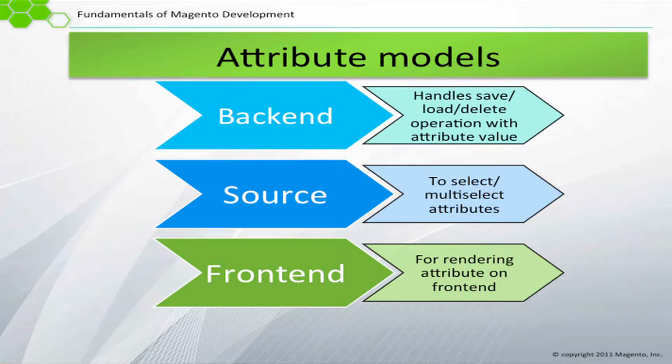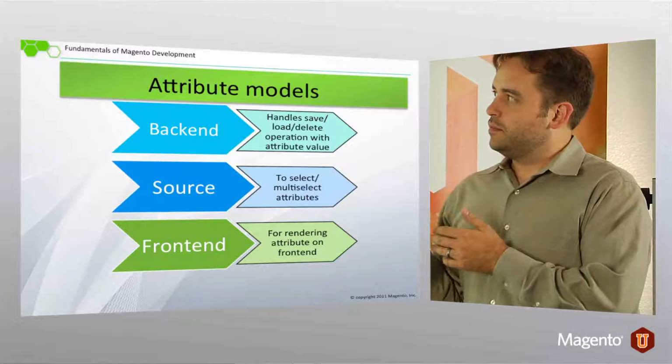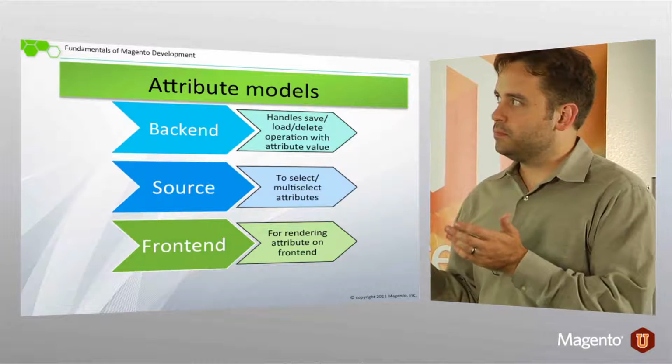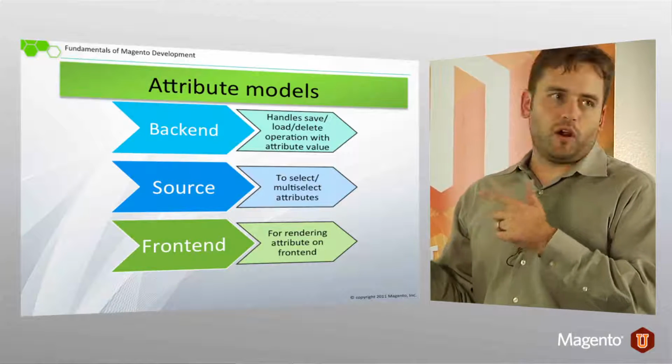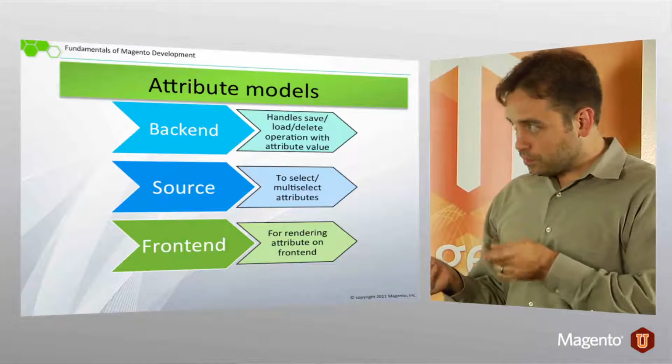Quick little note on attribute models. So, backend models: save, load, delete with an attribute value. This is where we are going to storage, into and out of storage.